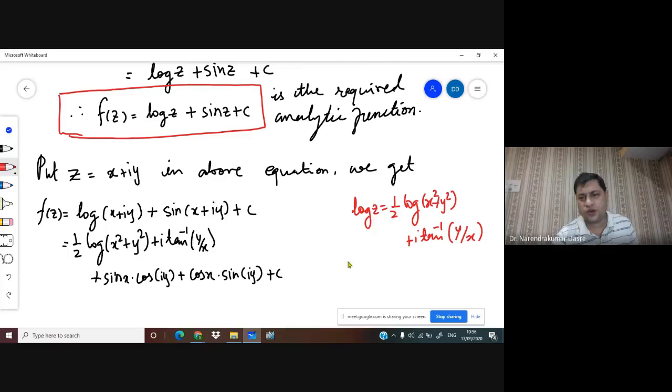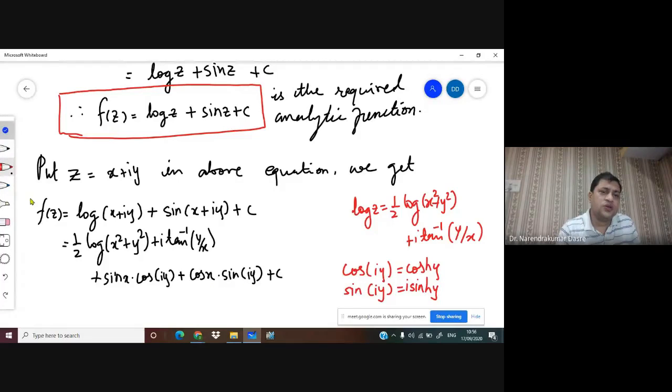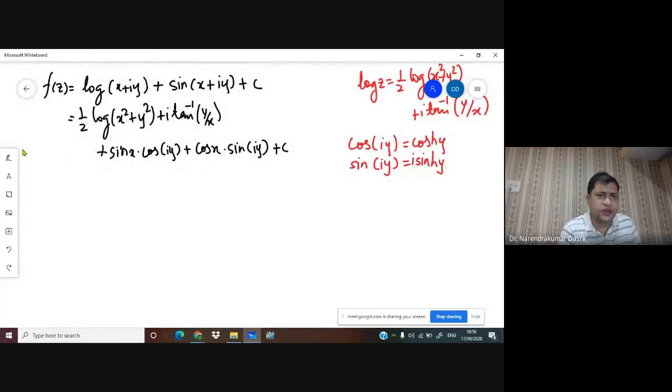We know that cos of iy is equal to cos hyperbolic y, and sine of iy is equal to i times sine hyperbolic y. So we can replace these terms.